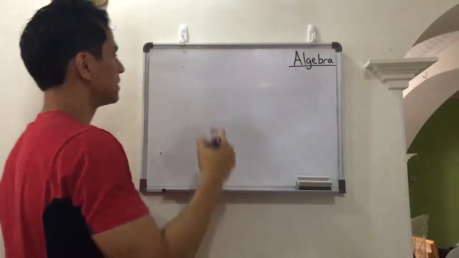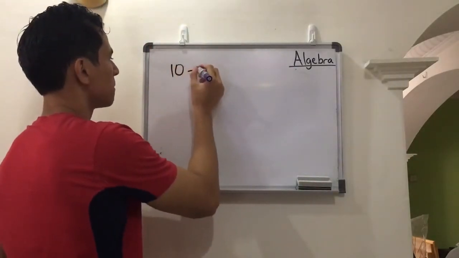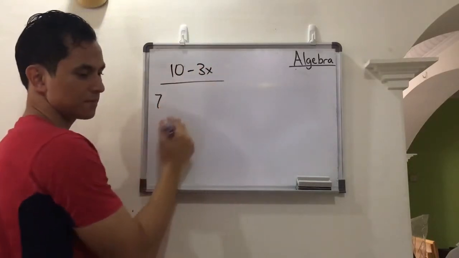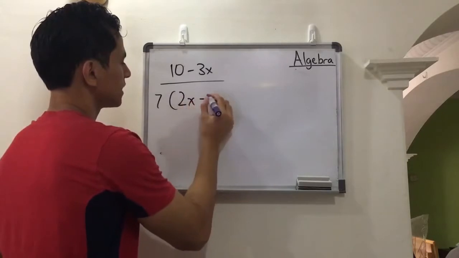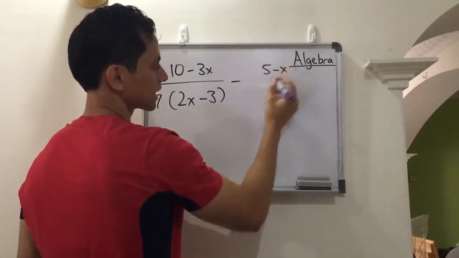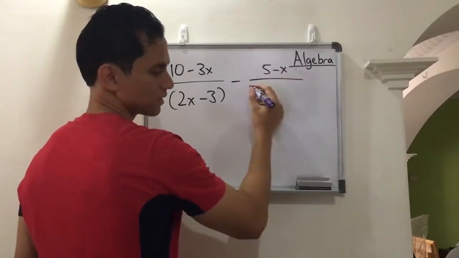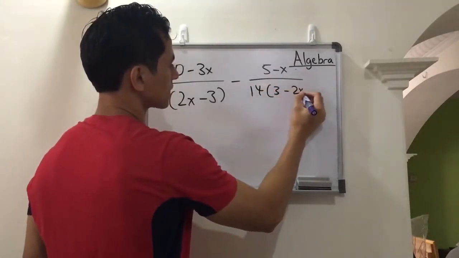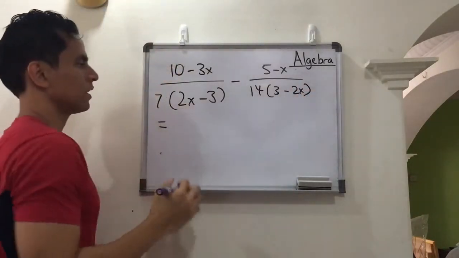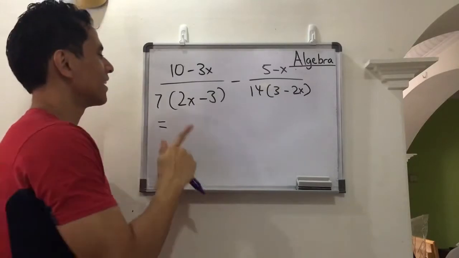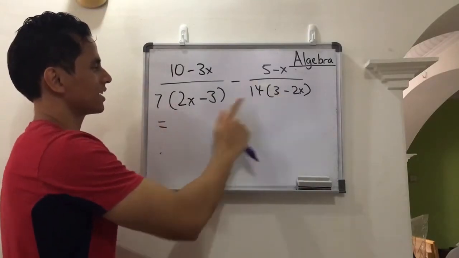So in this last example, we have 10 minus 3x over 7, 2x minus 3, minus 5 minus x over 14, 3 minus 2x. Okay? So if you notice, the pattern is a bit similar again.